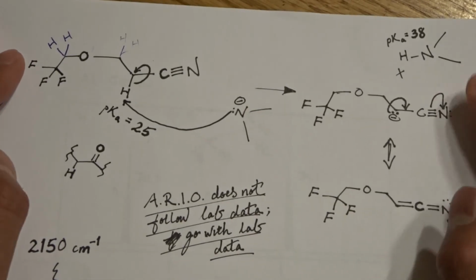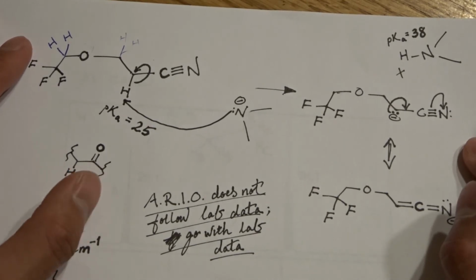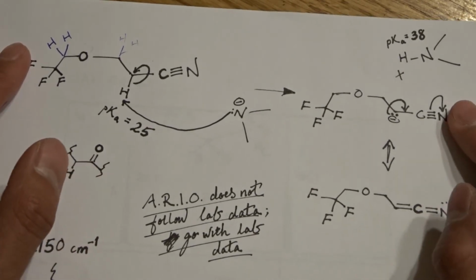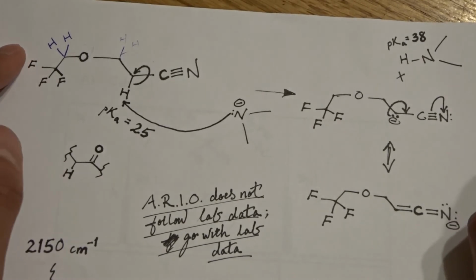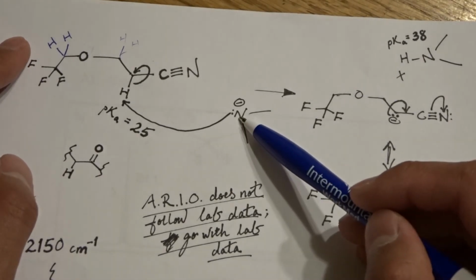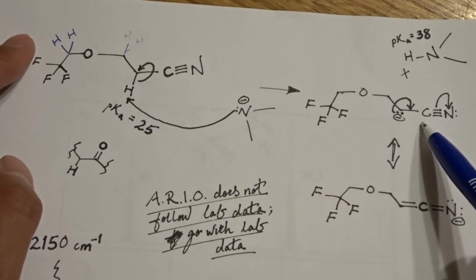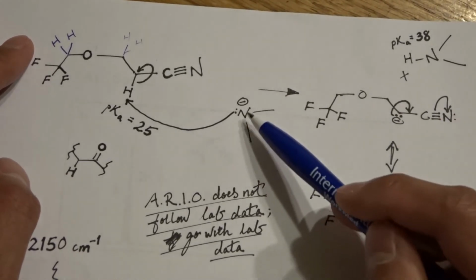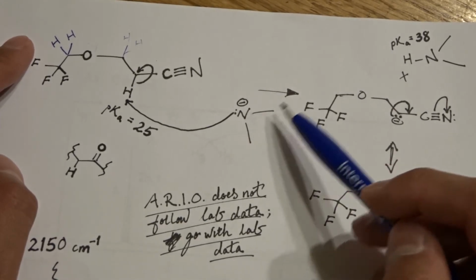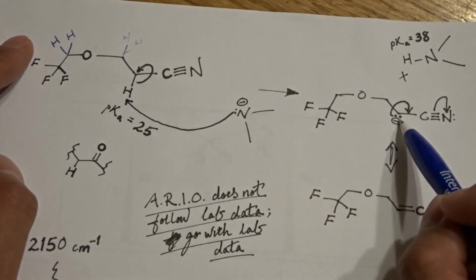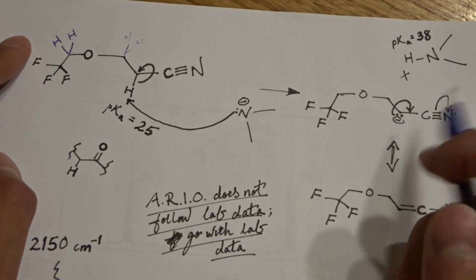Now, ARIO does not work here, okay? Let's take a look. If we apply ARIO, we would say that this is more stable than this, because the negative charge is on a nitrogen, whereas the negative charge over here is on a carbon.